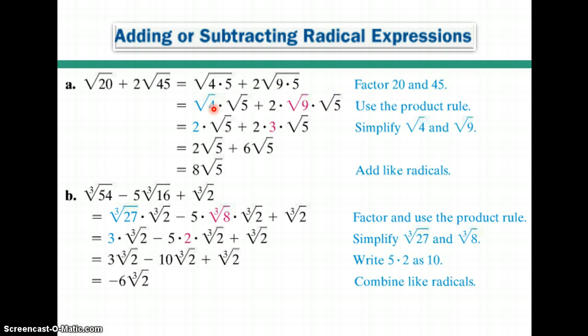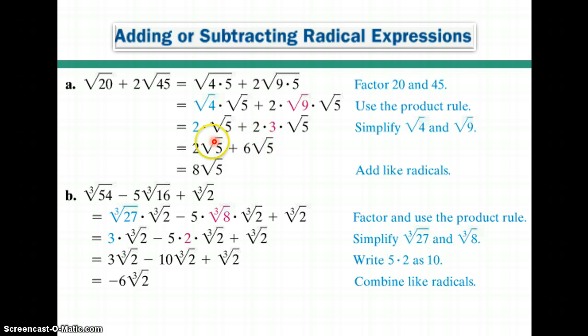By simplifying the square root of 4, we have 2 times square root of 5 plus 2 times square root of 9 is 3 times square root of 5, which equals to 2 times square root of 5 plus 6 times square root of 5.